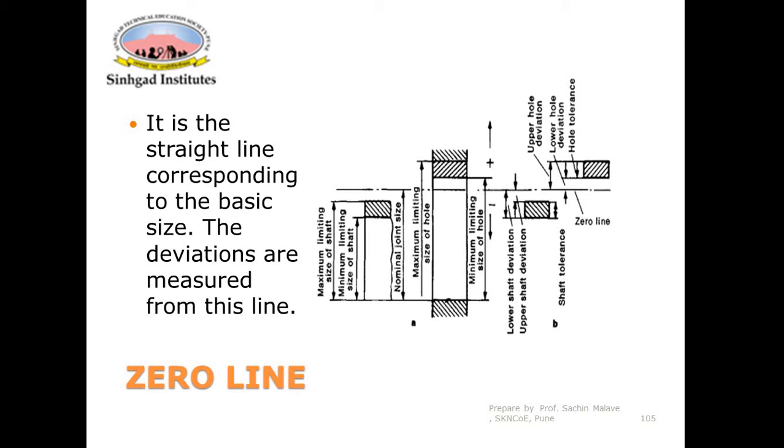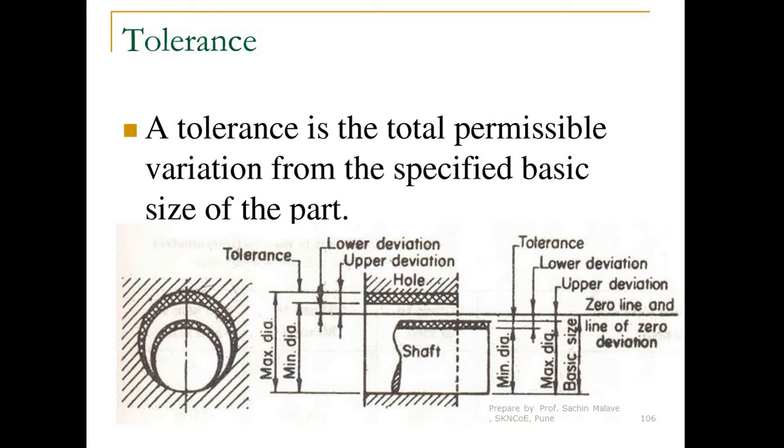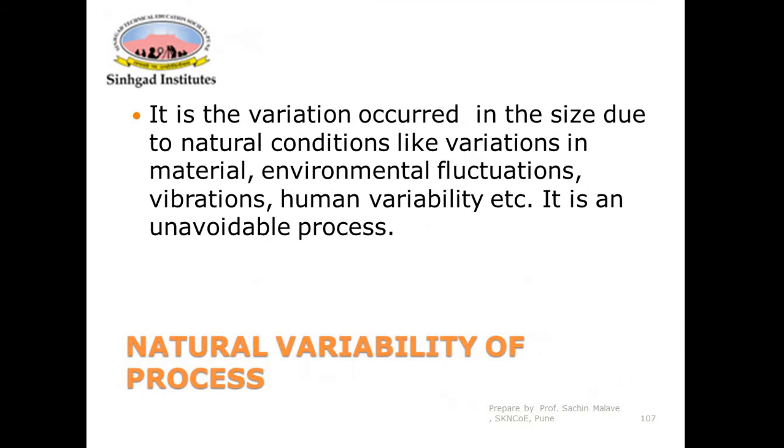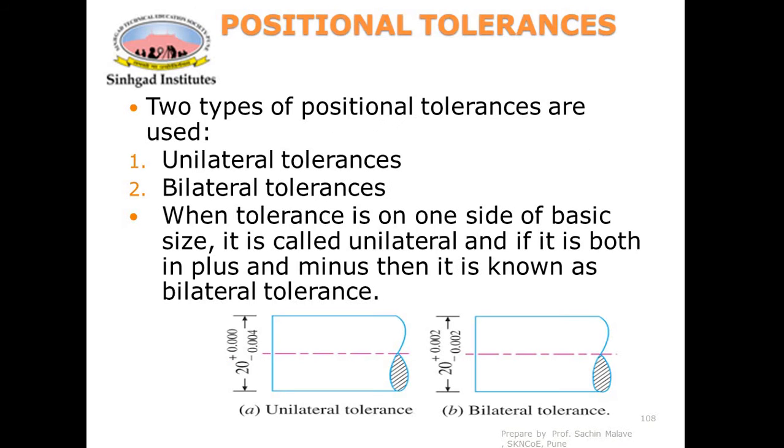Then we have seen this terminology, what is a zero line, what is a tolerance. Then we have discussed this entire sketch. Up to this we had discussed yesterday. Now we have to see what are the positional tolerances.